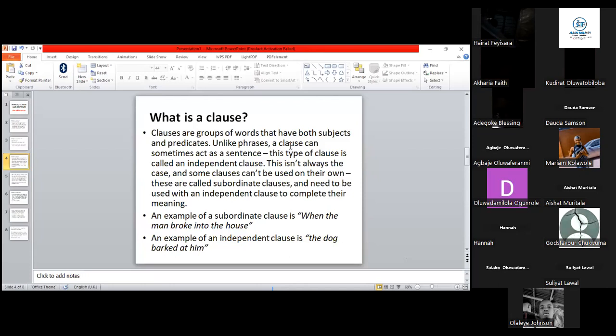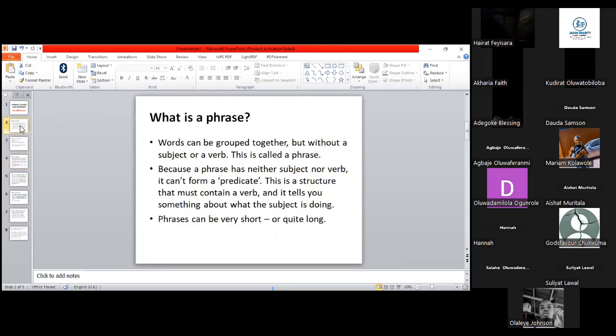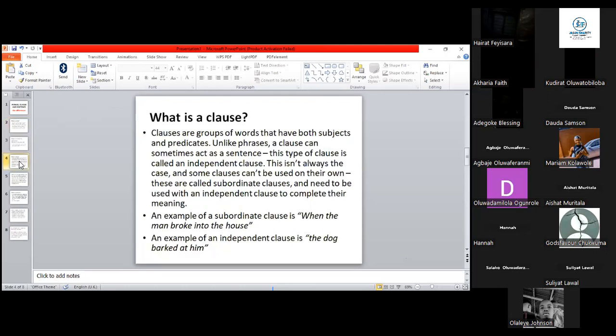So I was trying to come from phrases to clauses and then on to sentences. I wanted to remind us that a phrase is without a subject and a verb, and a clause has both subject and predicate.